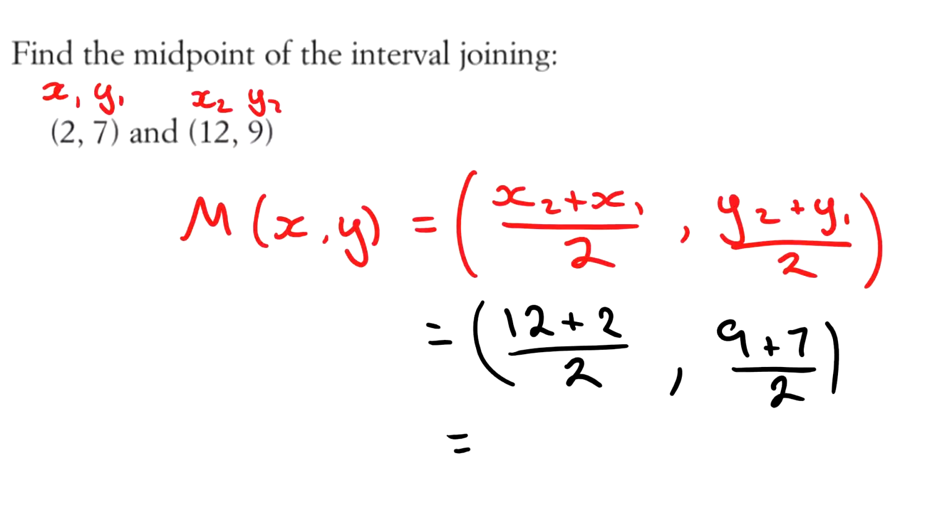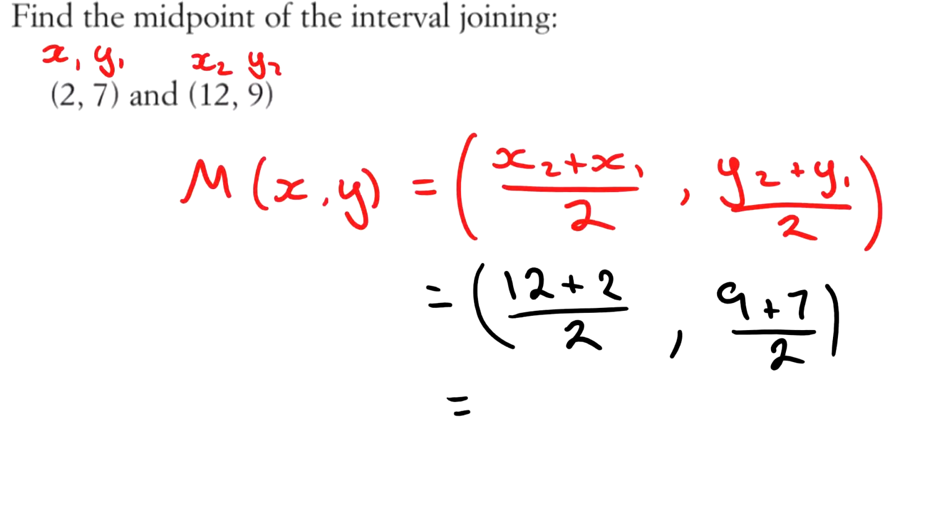At this stage, you could use a calculator and go 12 plus 2 over 2, or you can just solve it mentally. So we get a midpoint of 7 on the x-axis and 8 on the y-axis.